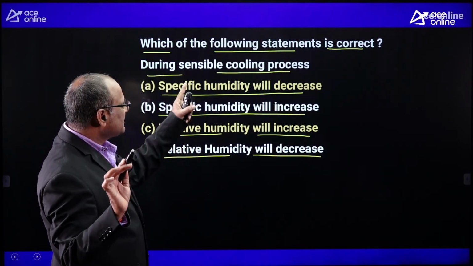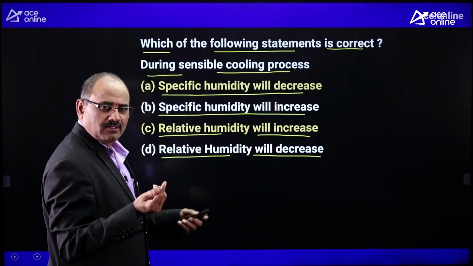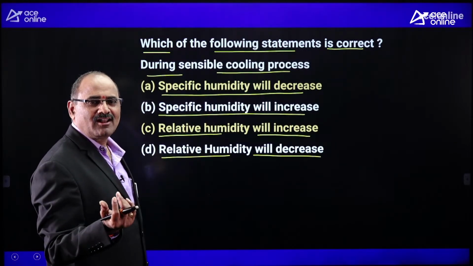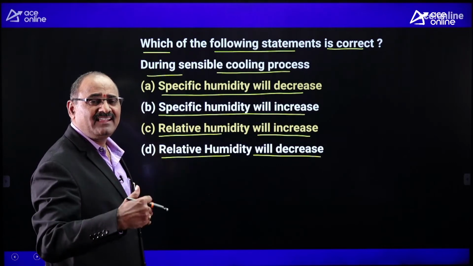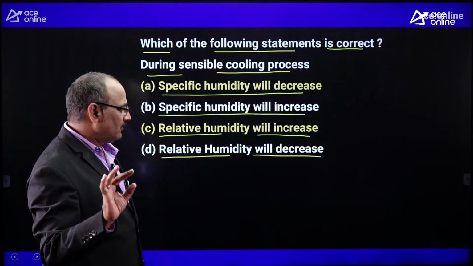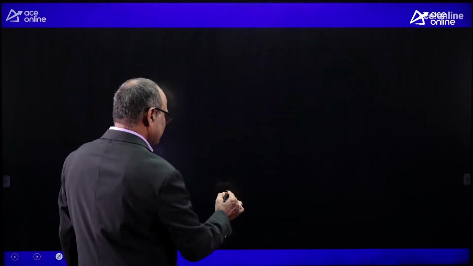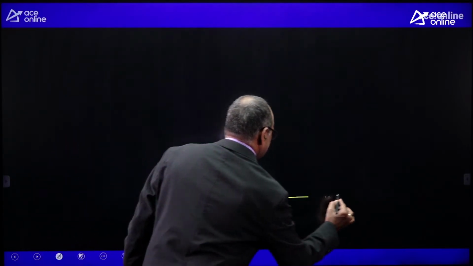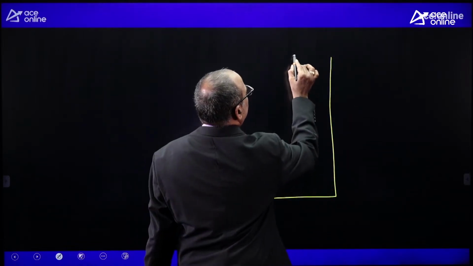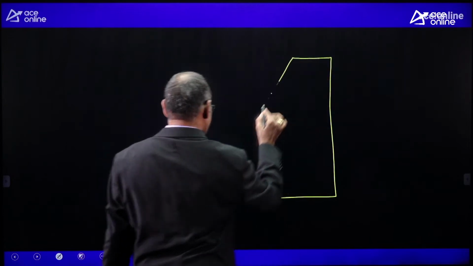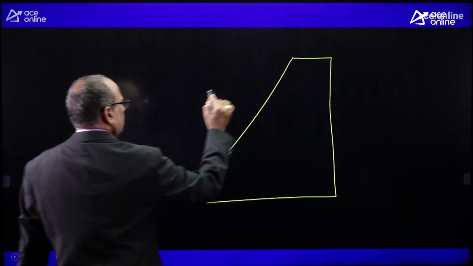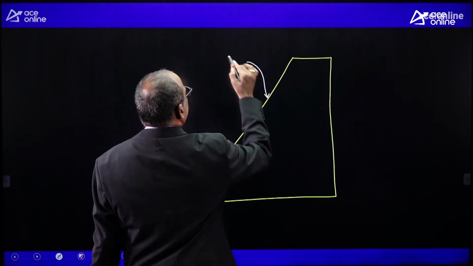Because of the sensible cooling, let us see whether the specific humidity or relative humidity is changing in the positive or negative direction. For that, let us take the psychrometric chart. This is the saturation curve.